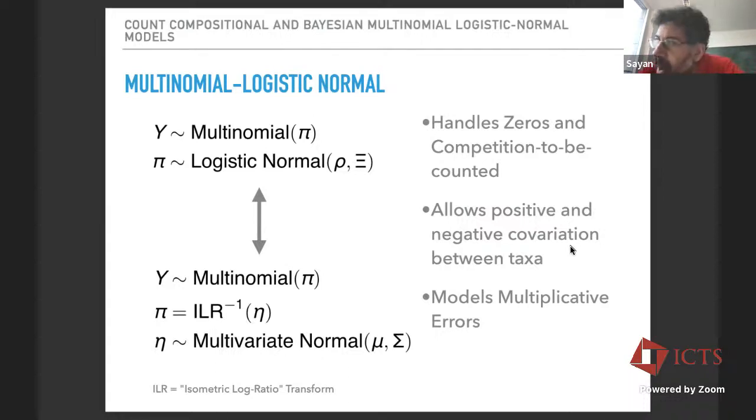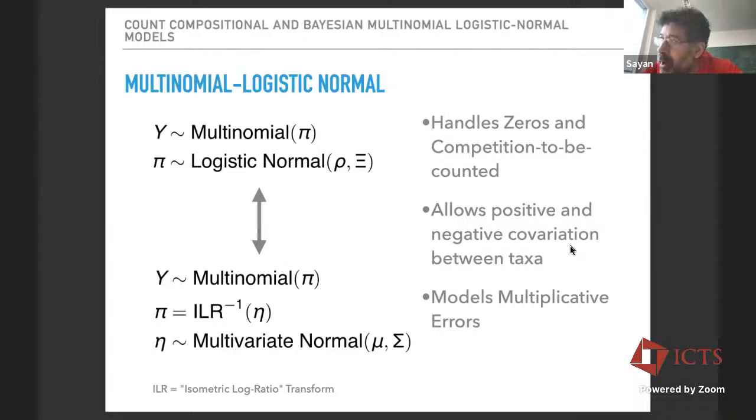So the classic way people have tried to model count data is through something called the logistic normal, which I'll show you in 2 minutes. So your data Y is multinomial, given the probability distributions, and pi, the probability distribution, is what's called logistic normal.